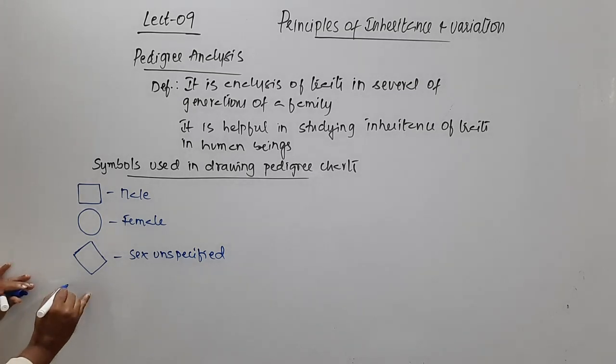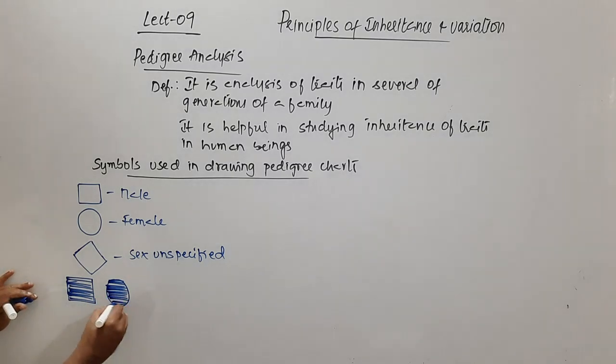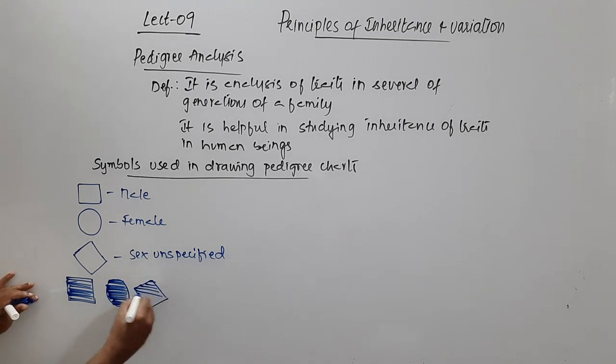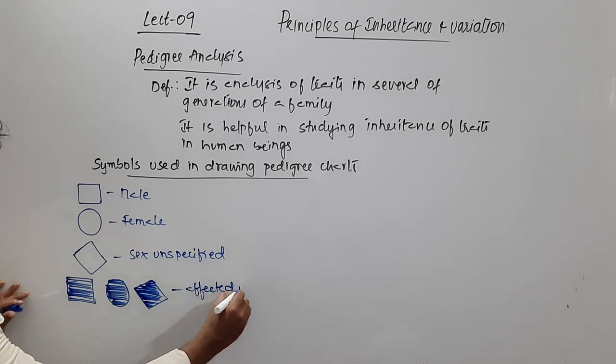If I shade these symbols, it indicates that these are the individuals who have the trait, the affected individuals.